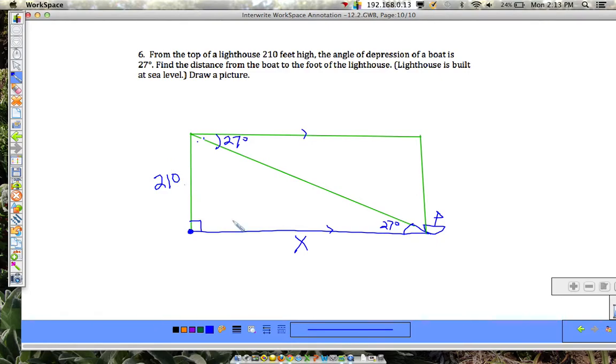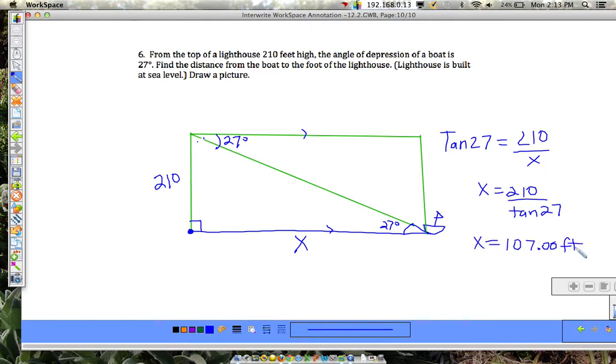I've got opposite and I have adjacent, so it's going to be tangent of 27 equals 210 over x. Solve that, x equals 210 over the tangent of 27. Solve and you get x equals 107.00 feet. Whew, sorry that one was so crazy.